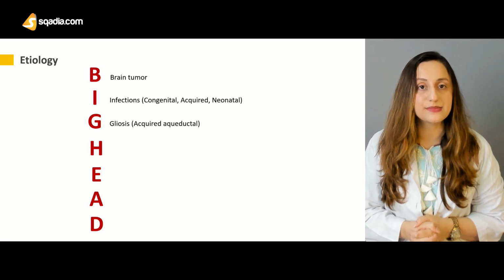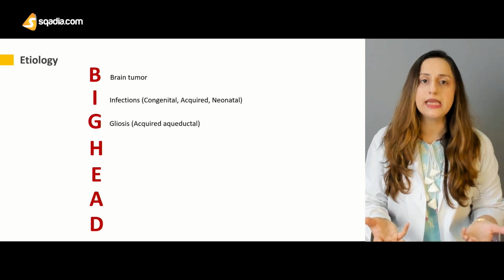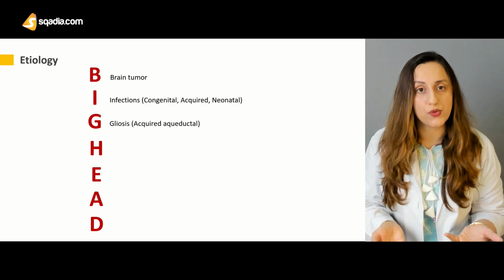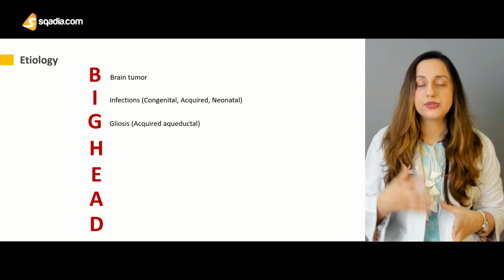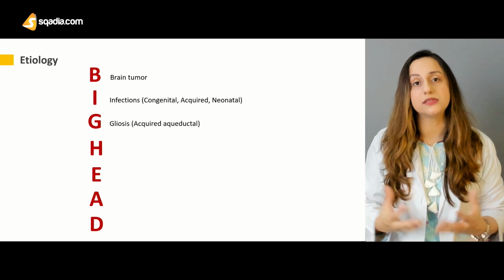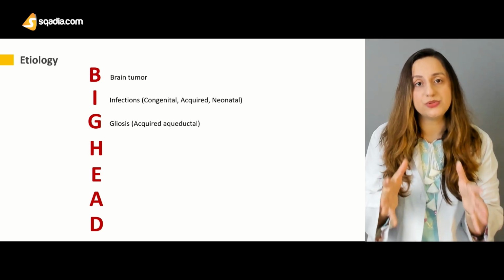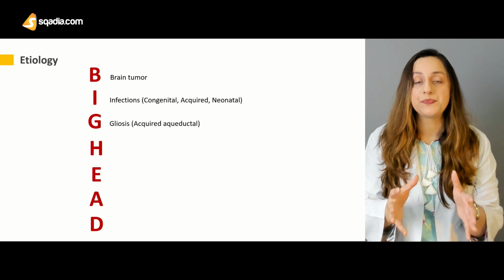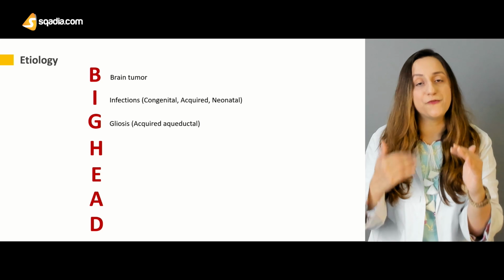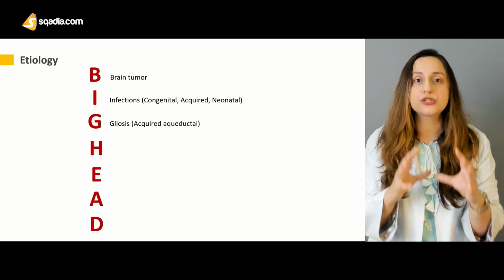Then the G over here is standing for gliosis. Now, gliosis is a tumorous condition, a neoplastic condition, and obviously, as the name indicates, it's a benign kind of tumor over here, relating to the glial formation, but obviously it's an acquired aqueductal state. When we go through the details of the anatomy of the ventricles, we'll know that the third and the fourth ventricle are communicated by the aqueduct of Sylvius.